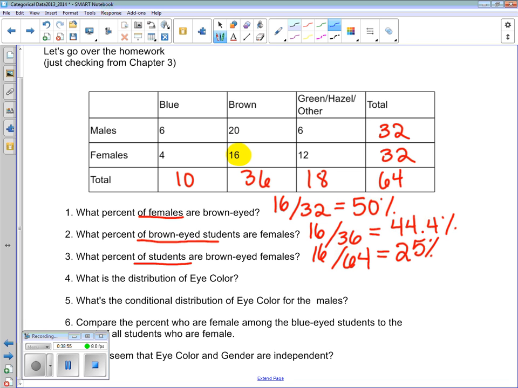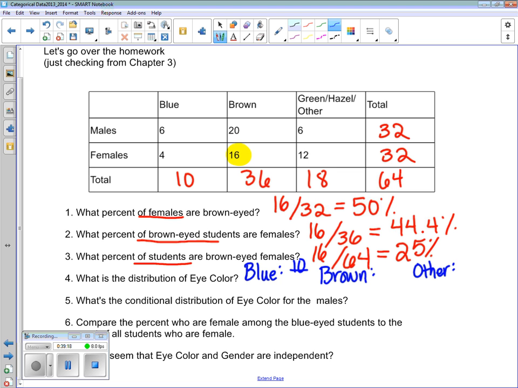I need to say what the eye colors are. So you're going to say blue is going to have this percent, brown is going to have this percent, and what's the other one? Other. How about if I just say other? Us green-eyed people, we always get the shaft. Okay, so blue would be 10 out of 64. Good.